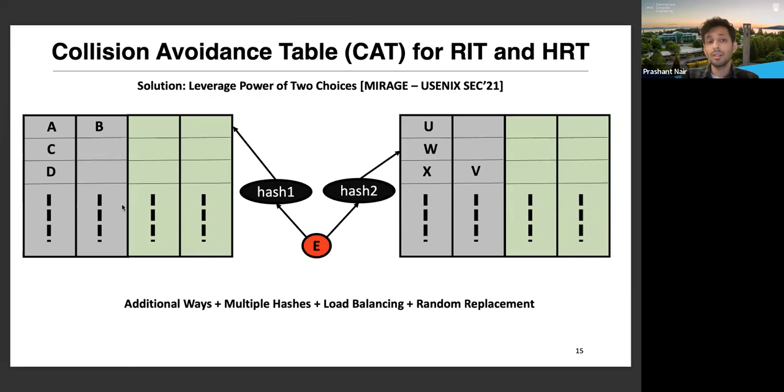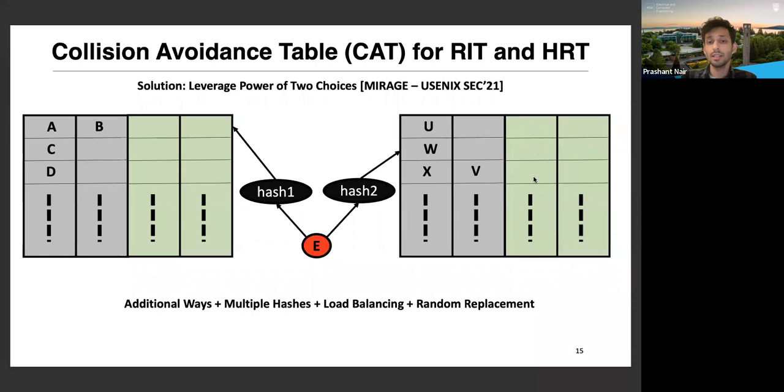To overcome this, we leverage a prior work that was presented at USENIX Security 21 called Mirage. Mirage leverages the power of two choices principle. In this principle, we add additional ways, multiple hashes, load balancing, and random replacement, such that when an entry comes into these structures, we have two hashes to figure out where the entry will go.